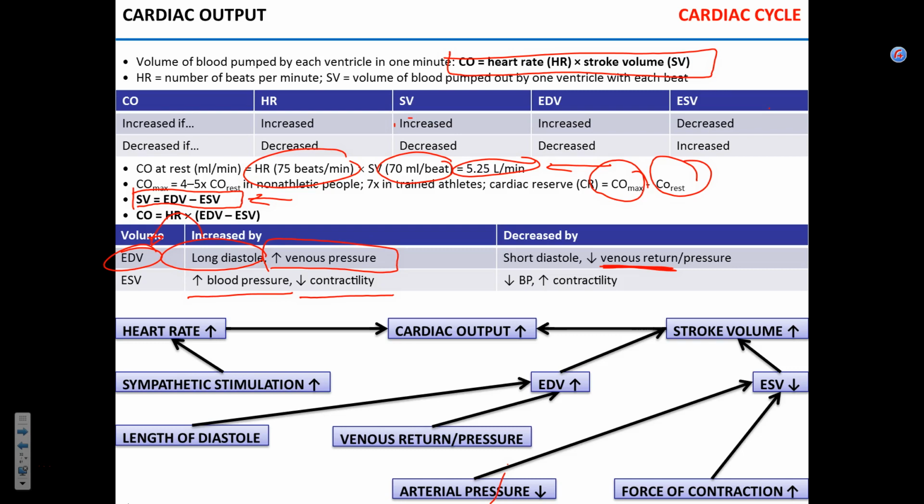Exercise. Any physical effort. And you do physical efforts all the time. You walk, you run, I don't know, you carry things. So you need to increase cardiac output. Does that make sense? Sometimes you need to maintain it. So you lose some blood. Think about the cardiovascular system as a plumbing system.